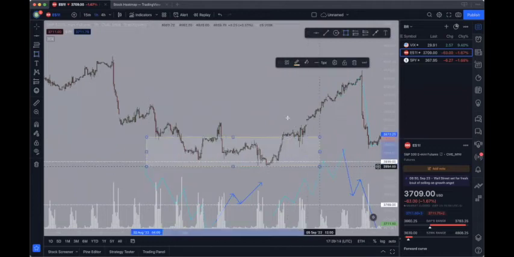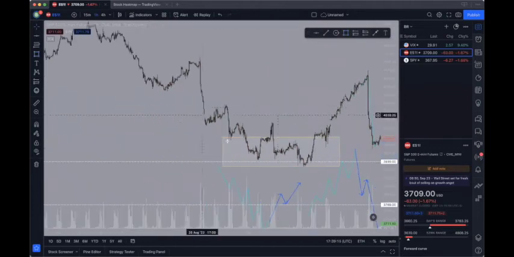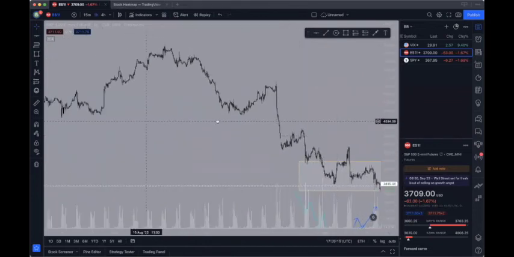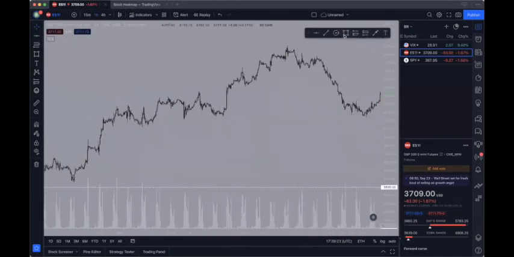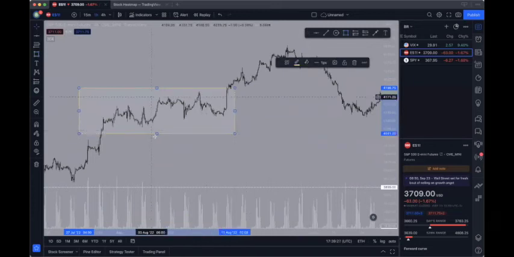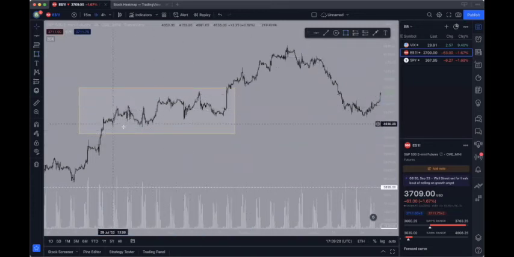This right here is a ranging market where it's not a consistent pattern. That's where we want to wait for confirmation of somewhere it's going to go. Same thing here. There's no real trend. There's no higher high, higher low stuff going on. We want to wait for the confirmation of trend.